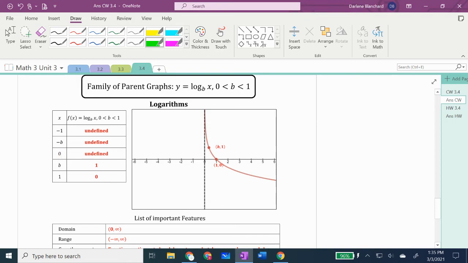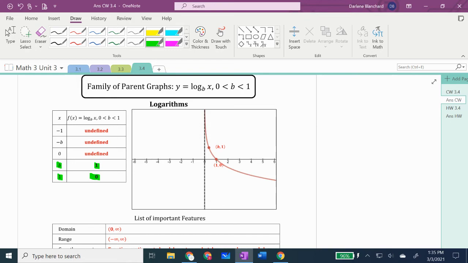And I want you to be familiar with the fact that you will always go through the point 1, 0 for your parent log function. And every time you plug the base in, you will get out the y value of 1. But it's a little bit challenging when the base is 1/2, 1/3. If you can find any other second point, that can be useful.